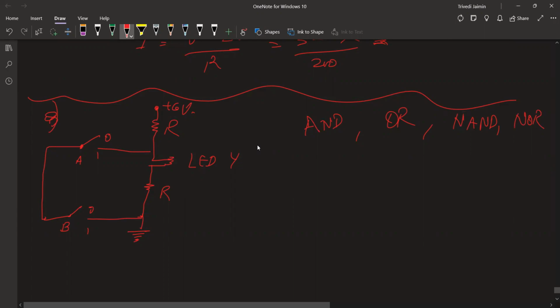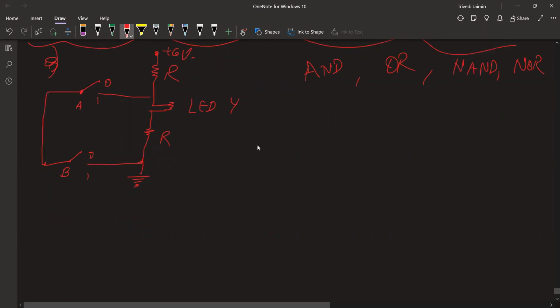See, from this side 1, this side 1, sorry, 0, 0 will go, it will give you... you know how to solve. LED will glow, right? Because it's a complete circuit. Will it? When it has high voltage.